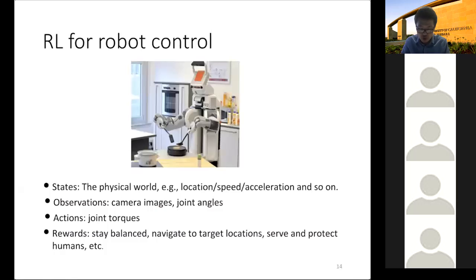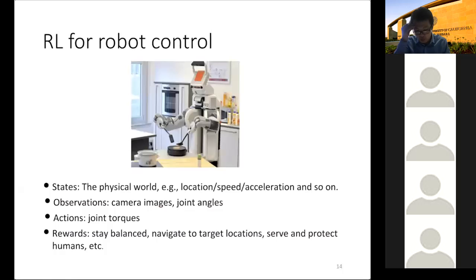The actions of this robot would be how you change the torques applied to each joint, to systematically achieve the goal of, say, cooking this egg on this pan. And then how do we reward this robot for successfully cooking for us? Well, the rewards might be whether the egg is tasty and whether it is too salty.